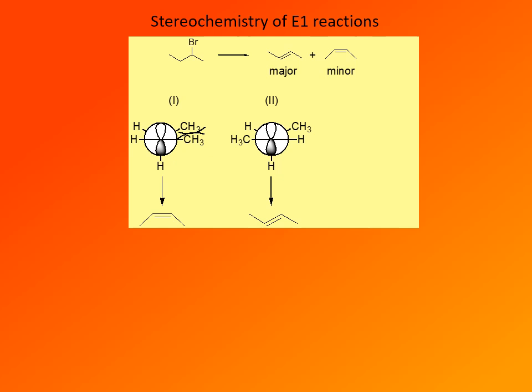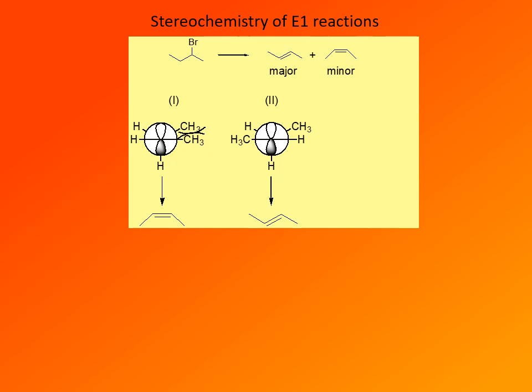Now, if we rotate the carbocationic carbon, the closer carbon to us, by 180 degrees, we end up with a second transition state. And again, we have a carbon-hydrogen bond on the back carbon that is aligned with the atomic p orbital on the closer carbon, and now two methyl groups are on the opposite sides. It's very close to an anti-conformation.